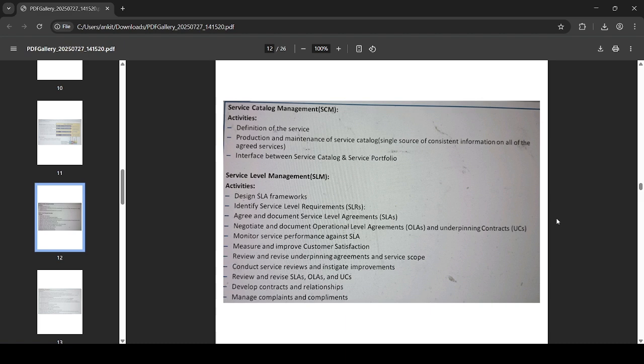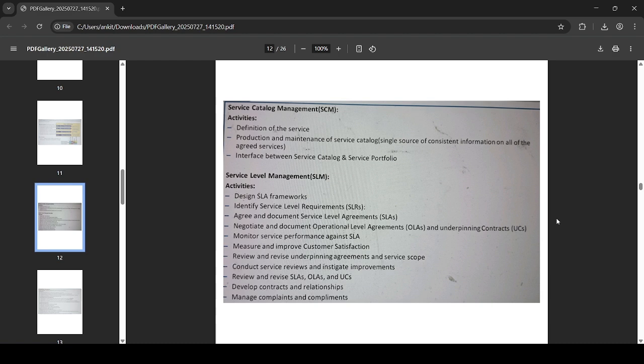It defines the interface between the service catalog and the service portfolio. So we have also learnt about the service catalog in our ITSM module. That is the service request, like what all the requests we are going to make, what all the service catalog we are going to make. So we have to first think about it in service design.